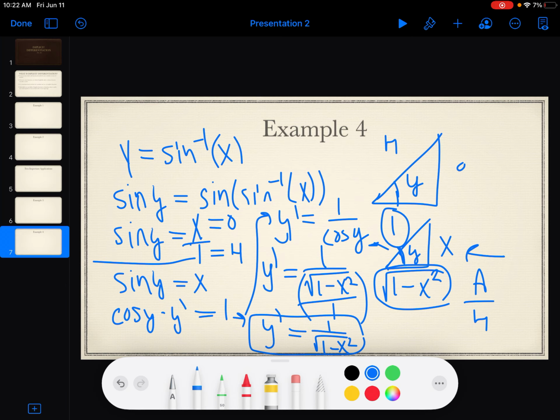That's our derivative. Done. I will do another video on this and give you more explanation now that you understand implicit differentiation and how to take the derivative of inverse trig functions, because students really struggle with this. And here you saw we used no identities. We just used our triangle, and the triangle always works.